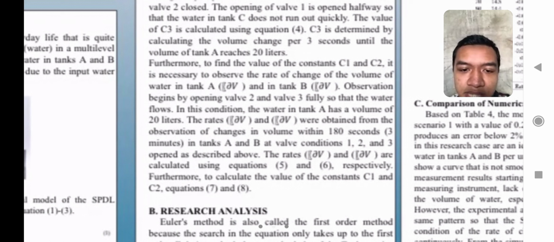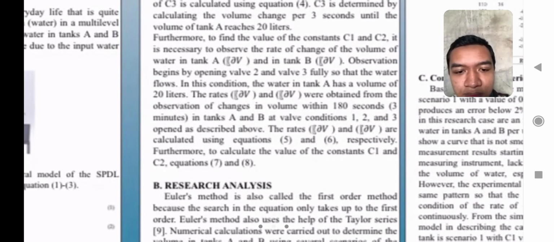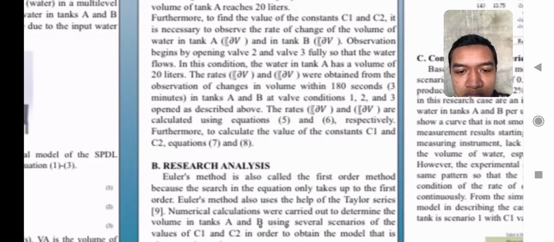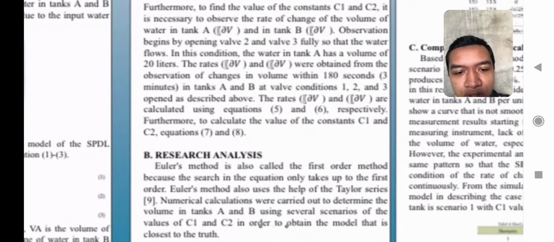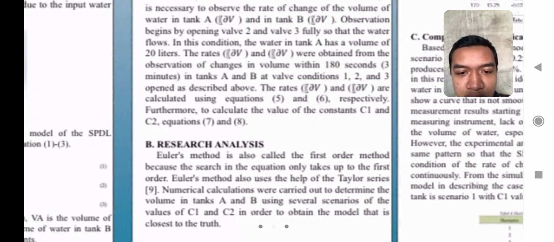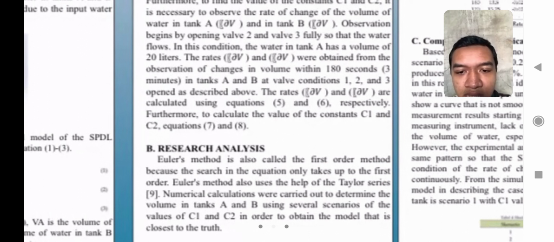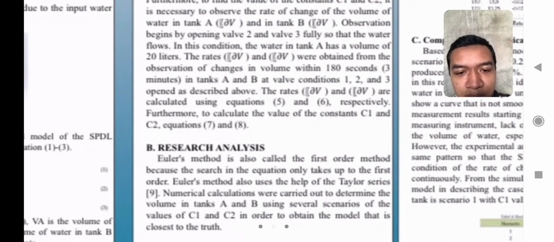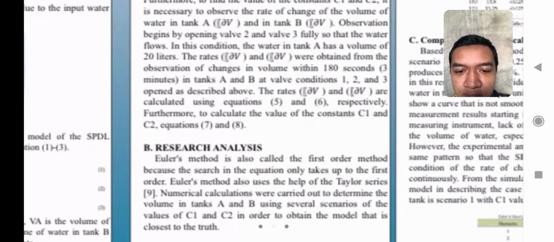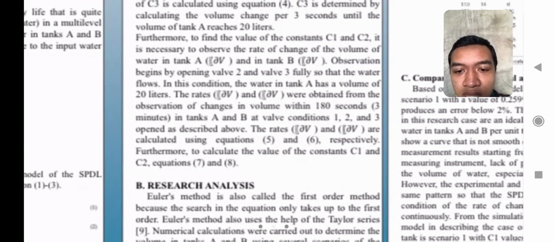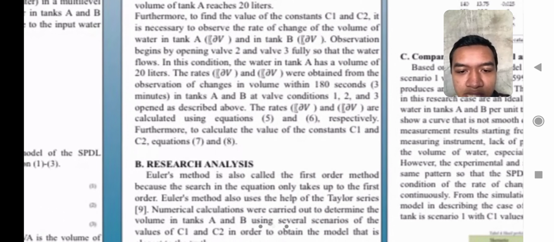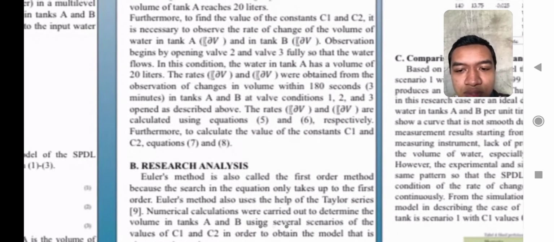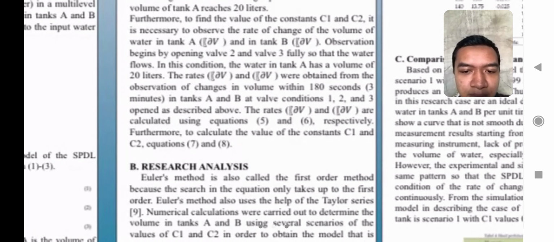Observation begins by opening valve 2 and valve 3 fully so that the water flows. In this condition, the water in tank A has a volume of 20 liters. The rates were obtained from the observation of change in volume within 180 seconds or 3 minutes in tanks A and B at the valve condition 1, 2, 3 open as described above.